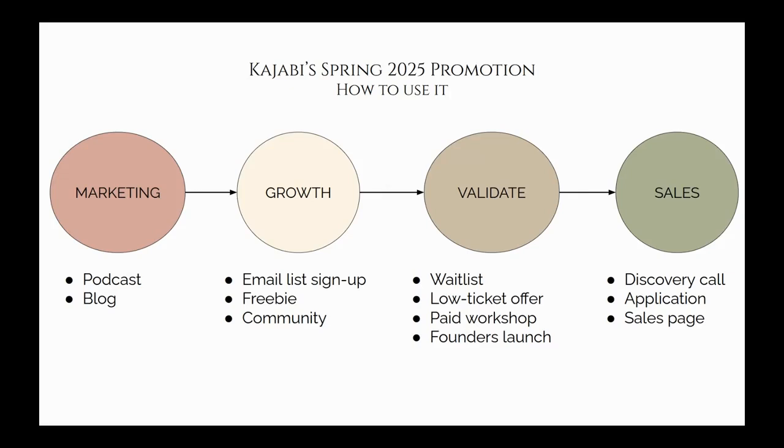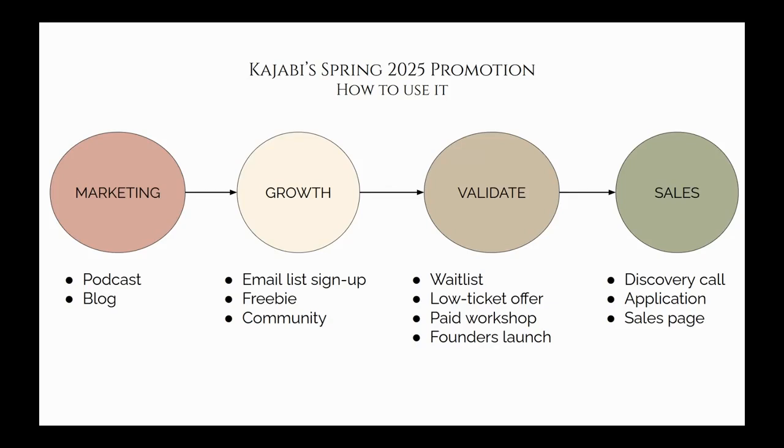So think about marketing of your different options: blog, podcast, social media, YouTube. What do you want to focus on as a way of getting in front of your target audience? Next, growth. Once they have discovered you, how do you bring them into your world? Choose one way of capturing those names and email addresses.